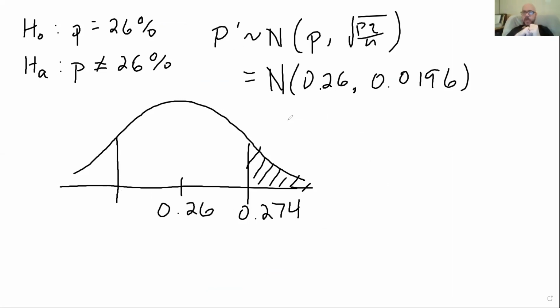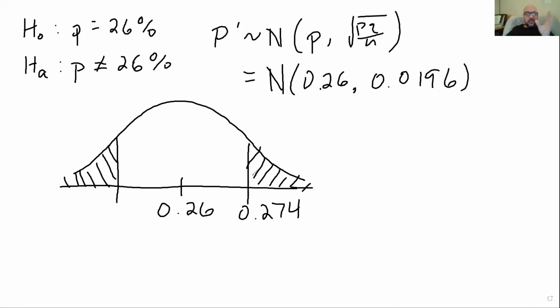Farther away from the mean than we actually saw, but it also means over here. Because all the p primes over there are also more unusual than 0.274. They're just more unusual in a different direction. So what we want to do is find both of these areas and add them together for our p-value.